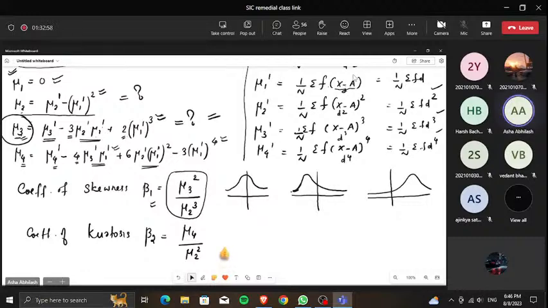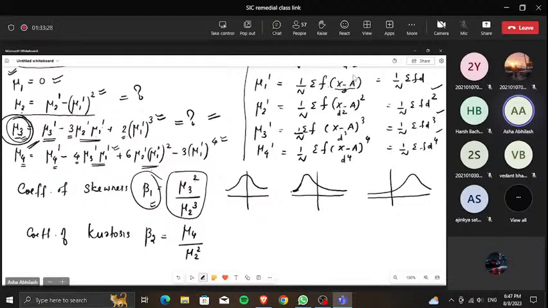You have to just check the mu3 value. If the mu3 value is negative, then the skewness will be negatively skewed even though you are getting a positive value. So you have to always check whether mu3 is negative or positive.